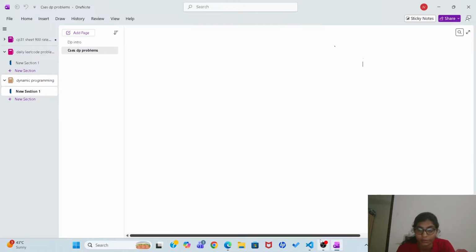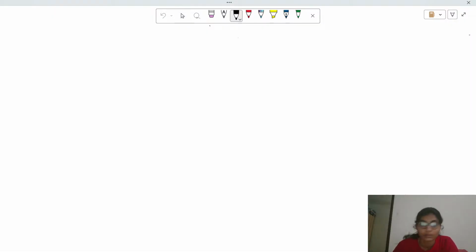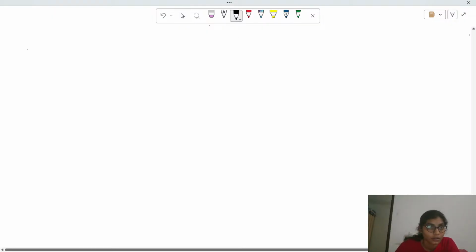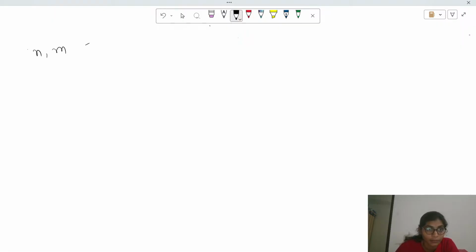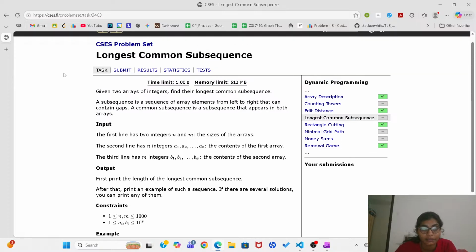So what can be the expected time complexity here? N and M lie between this. The time limit that we were given is 1 second, right?